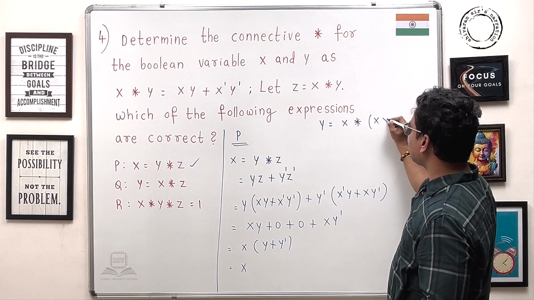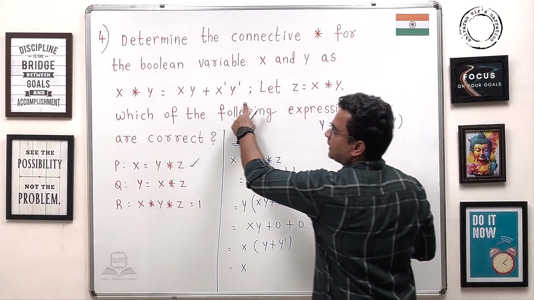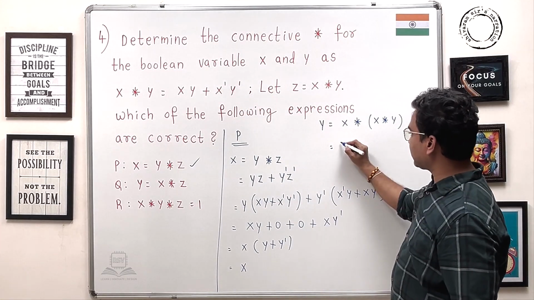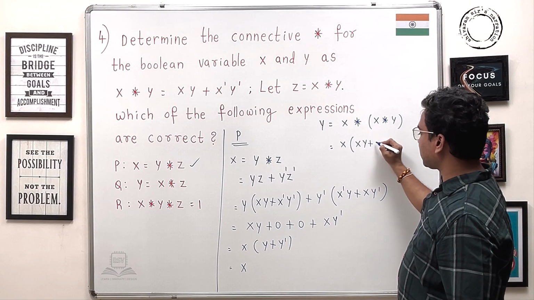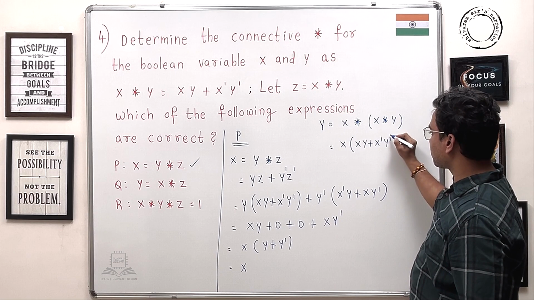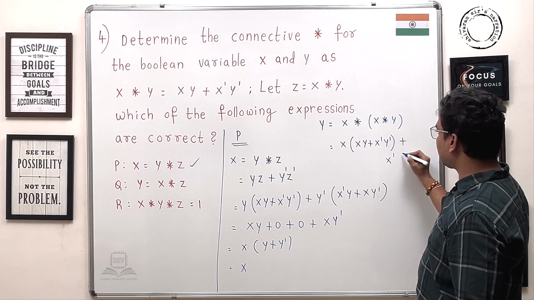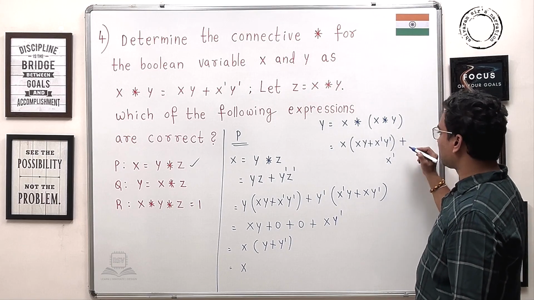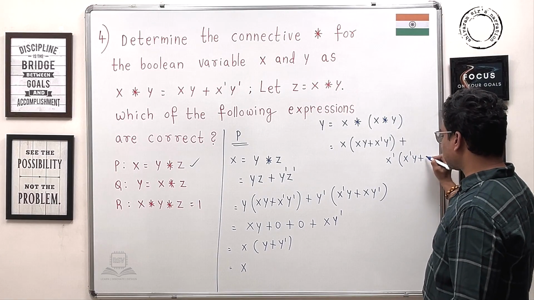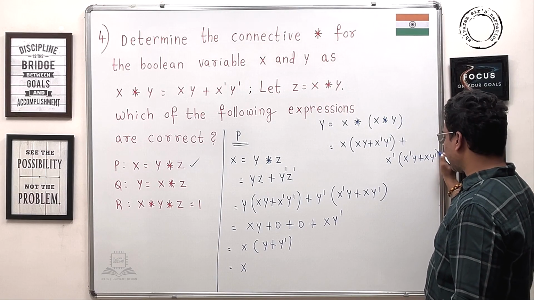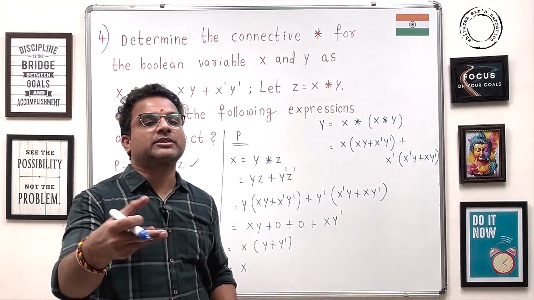So x asterisk y. Now if you express in this format, it will be like x into xy plus x bar y bar, plus x bar into this whole bar, so that you will get it like x bar y plus xy bar. It is an exclusive NOR operation. When you take complement, it becomes XOR operation.